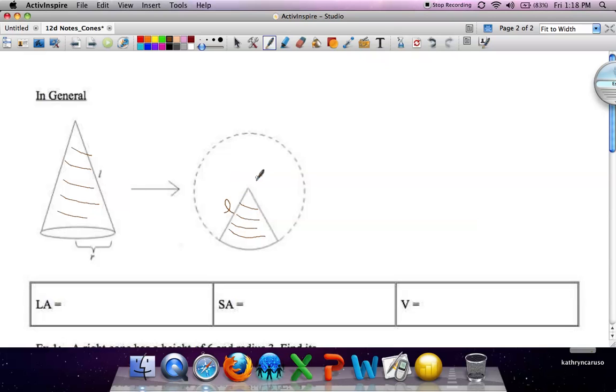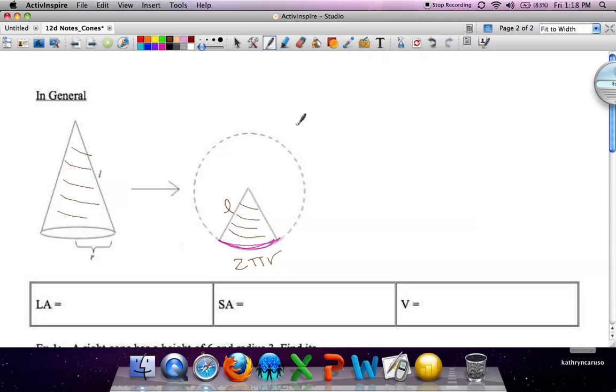L is the lateral length. And this distance from here to here is 2 pi r, which is the circumference of the cone's base.